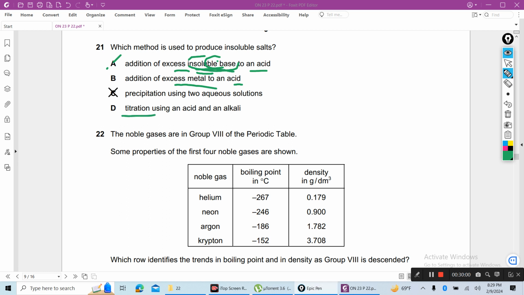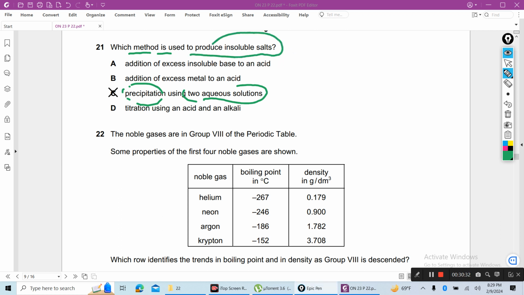And titration using an acid and alkali is not the best method, and an insoluble salt will not be produced, that salt will be a soluble salt. Also, if you add two aqueous solutions, a precipitate will be formed. That reaction is a suitable method to produce insoluble salts.